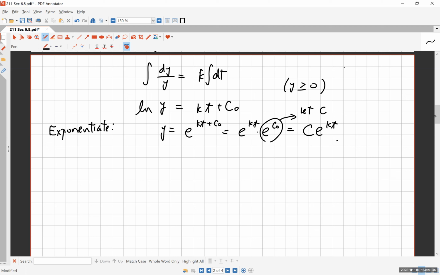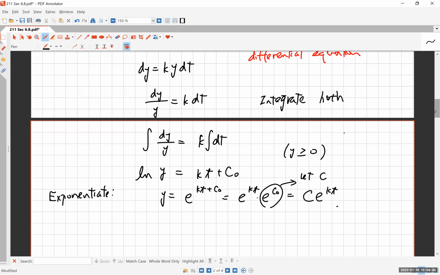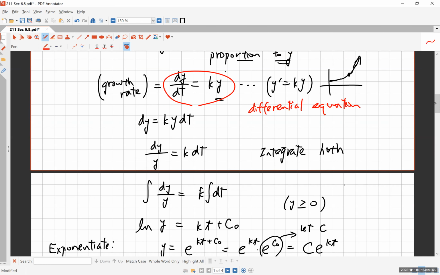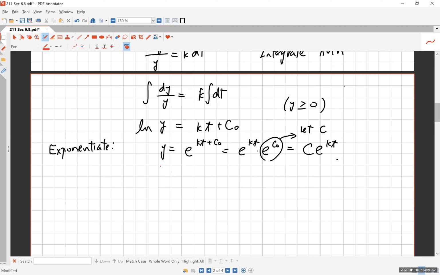All right, so what I just mentioned in the last 2 minutes is basically saying that anytime the rate of change is proportional to the current quantity, with k as the constant of proportionality, that gives rise to the answer y is equal to c, the constant, times e to the kt.